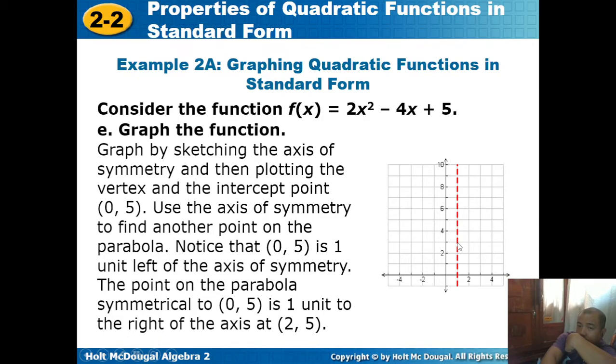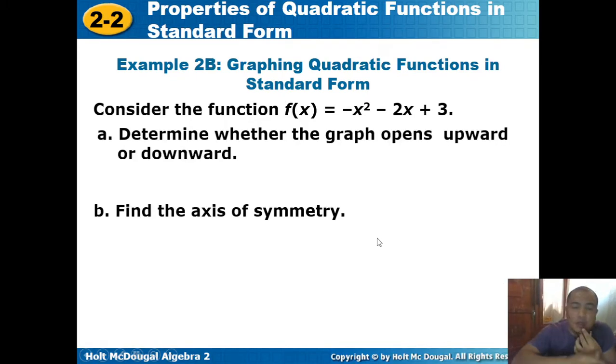And then it passes through (0, 5). So the parabola passes through the y-intercept (0, 5). The vertex is (1, 3). And (0, 5) is 1 unit to the left of the axis, matching (2, 5) on the right.